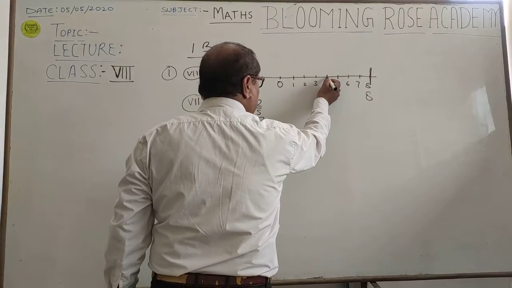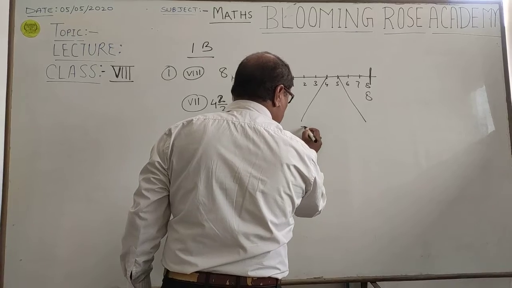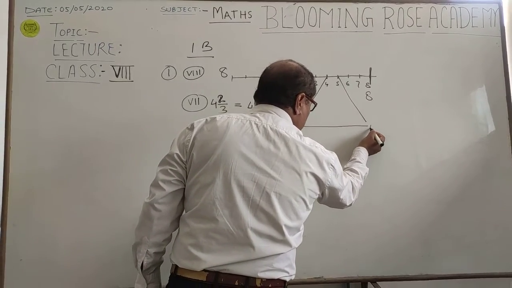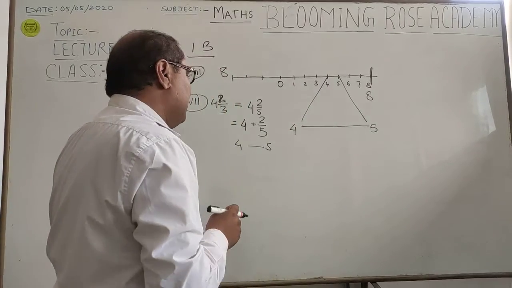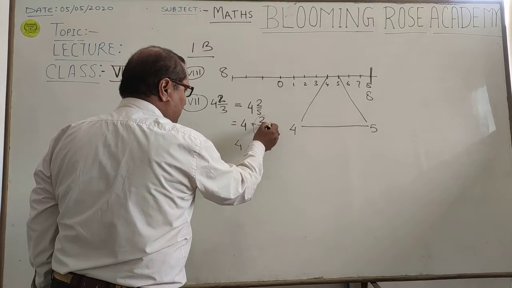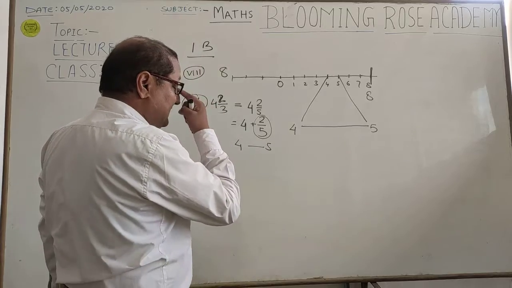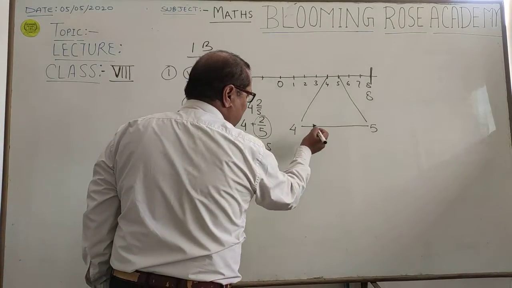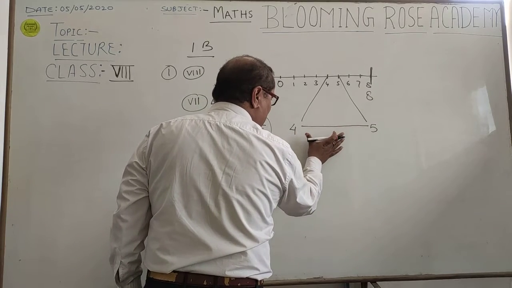If you stretch this 4 and 5, you get 4 and 5 here. We also have to represent 2 by 5 on this. How do we represent 2 by 5? You need to understand this a little. We have to take 2 parts out of 5.